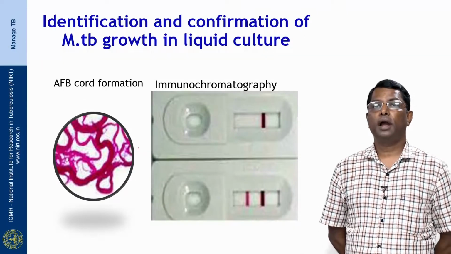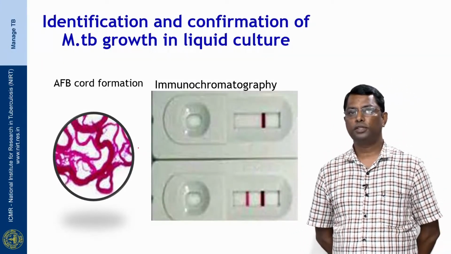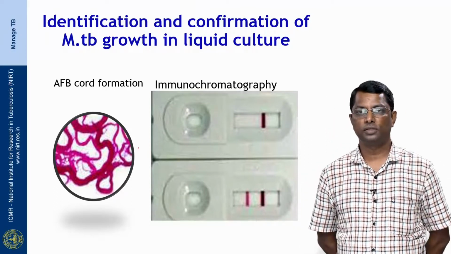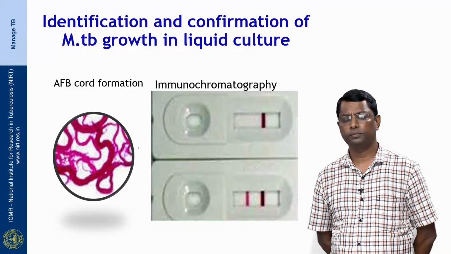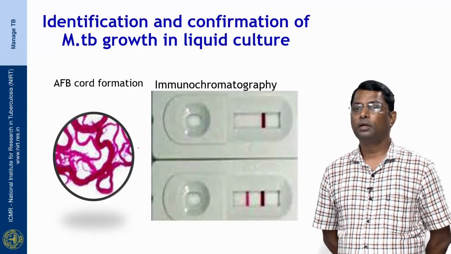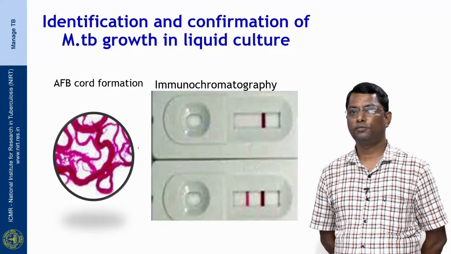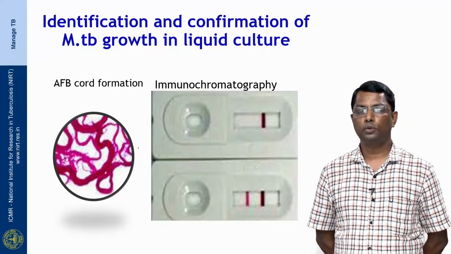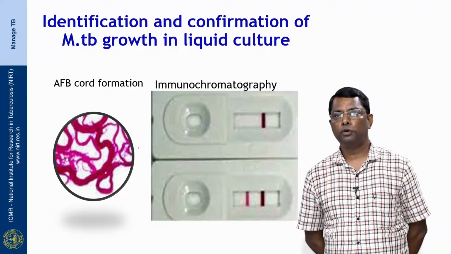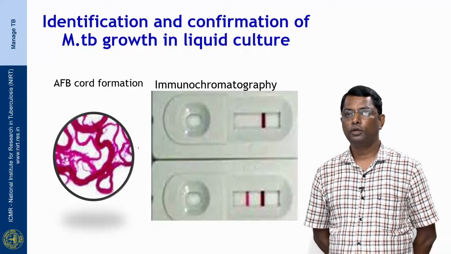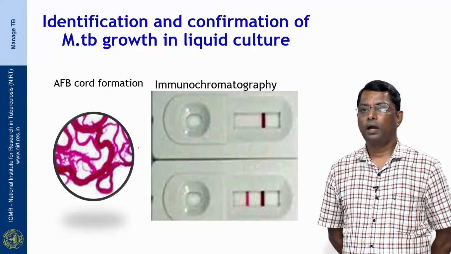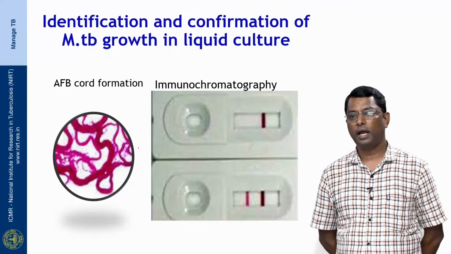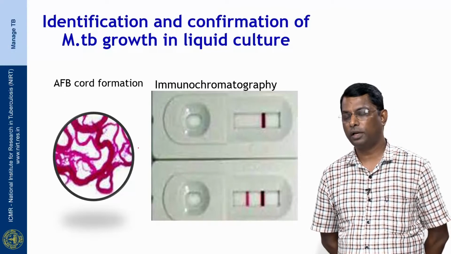Now, we will come to identification and confirmation of MTB growth, which is done by AFB smear and staining using Ziehl-Neelsen staining and the immunochromatographic method, which is for detection of MPT64 antigen. In AFB staining, we use Ziehl-Neelsen staining to look for cord formation, and the immunochromatographic method involves use of this liquid culture. The immunochromatographic strip has gold coated antibodies on it.